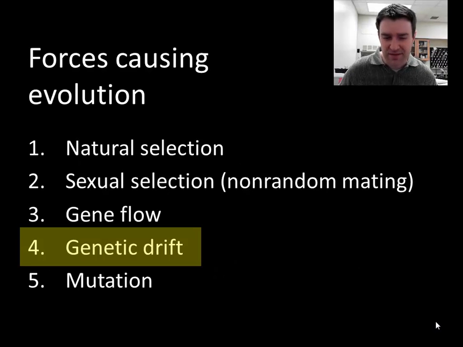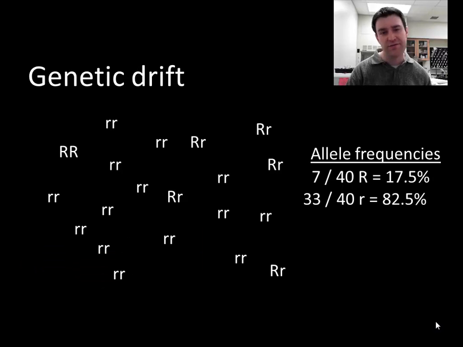Genetic drift is often misunderstood by students, so I really want to emphasize this one. Genetic drift at its heart is any time the allele frequencies change due to randomness, some kind of random force causing a shift over generations. That could be a lot of different things. That could be the massive death of a lot of organisms randomly, say due to a natural disaster.